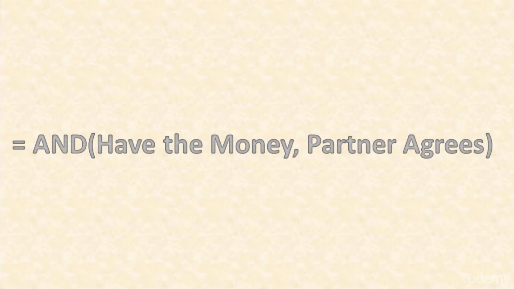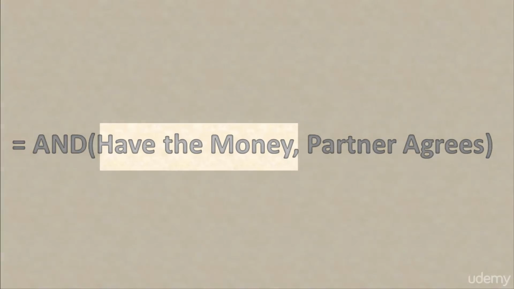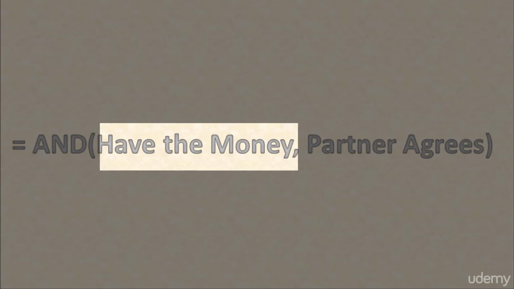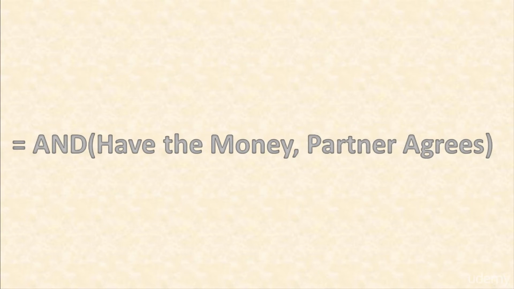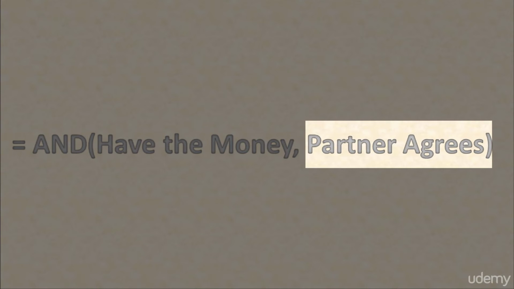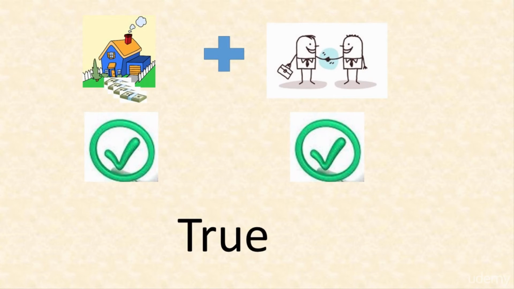We need an equal to, we need an AND, which is the function we're going to use, and then in brackets we would have one condition, which would be have the money, and comma, and then the second condition, partner agrees, and then we close the bracket. The way it works is that if both conditions are true, then the formula returns or displays the word true. If either one or both of the conditions are false, then the formula returns the word false.